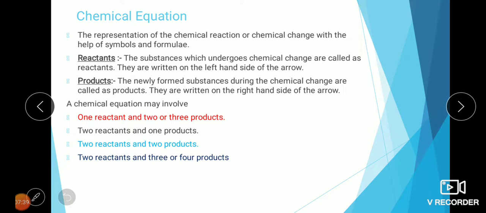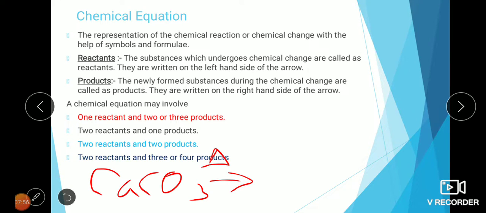When 2 elements combine to give a single product, it is called a combination reaction. When a single compound splits into 2 different products, it is called a decomposition reaction. Here I have 1 reactant and 2 products. For example, calcium carbonate, CaCO3, on heating, the triangle on the arrow indicates heat, will give calcium oxide plus carbon dioxide.